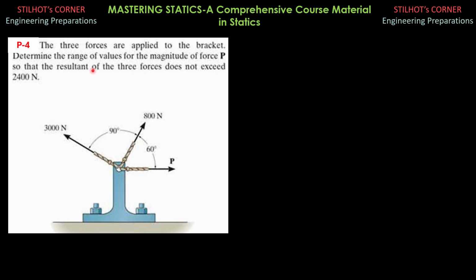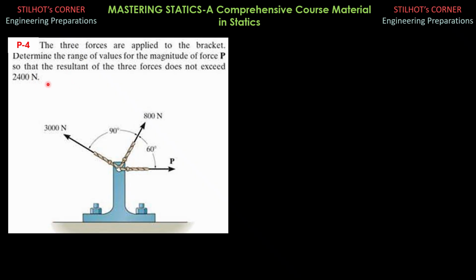Problem 4: the three forces are applied to the bracket. Determine the range of values for the magnitude of force P so that the resultant of the three forces does not exceed 2,400 newtons.